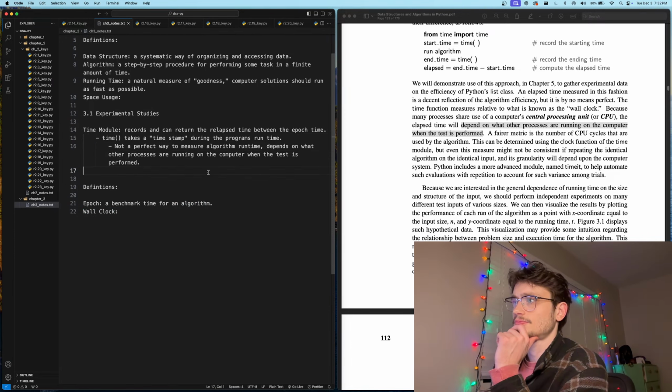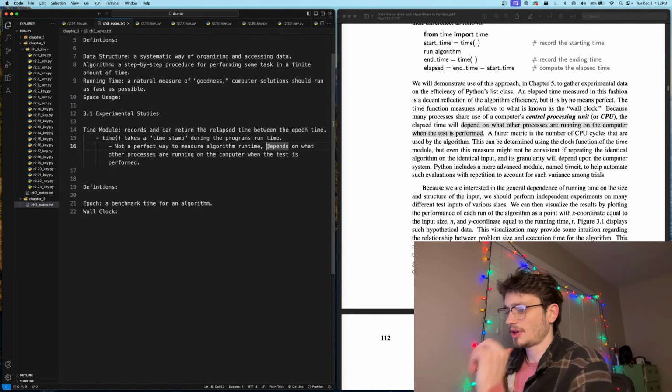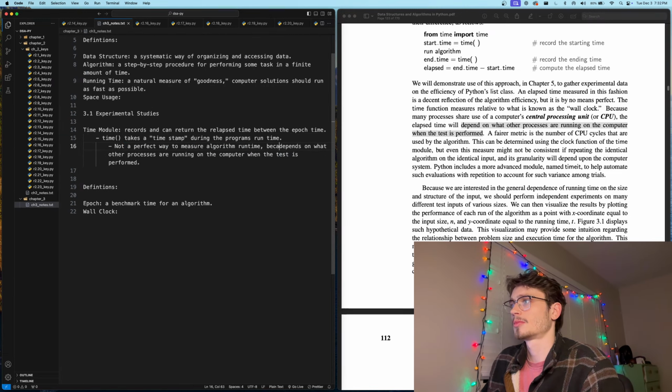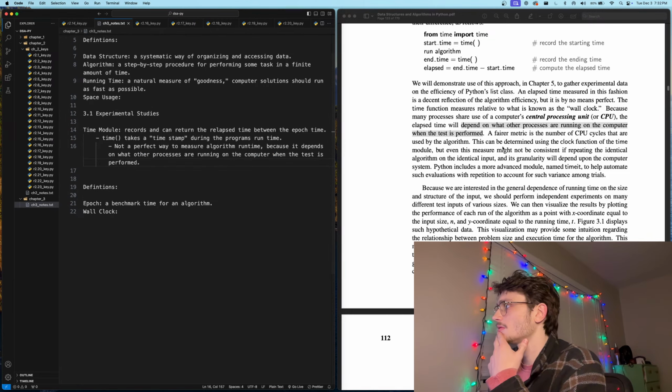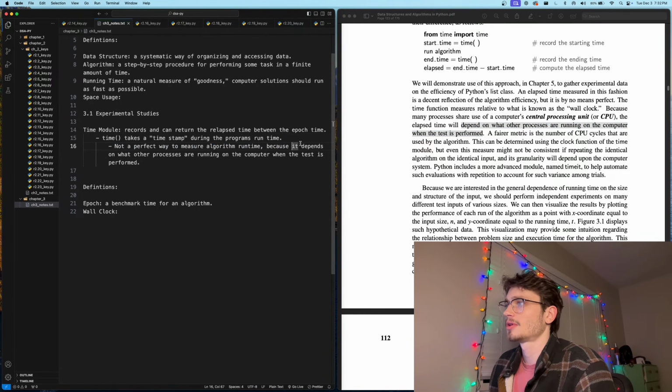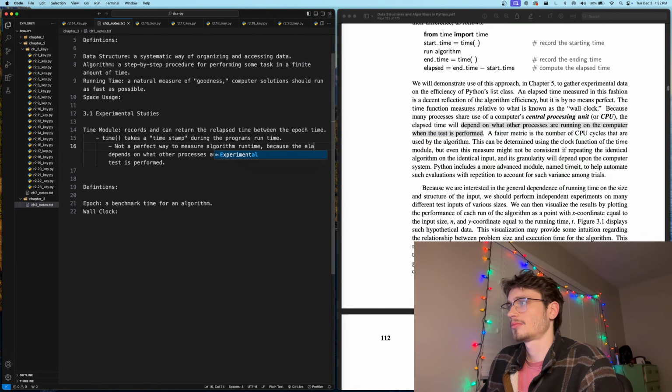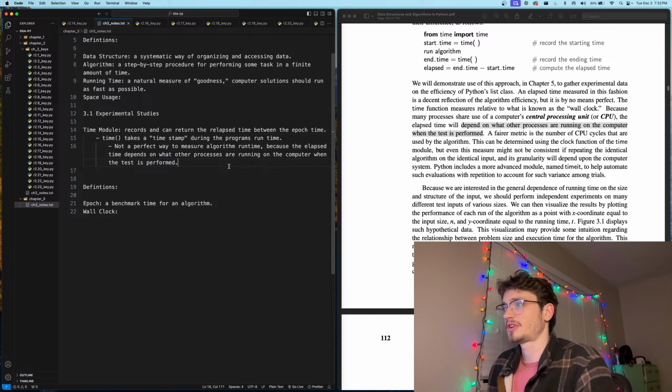Right. So it's not a perfect way to measure the algorithm runtime because the elapsed time depends on what other processes are running on the computer when the test is performed.